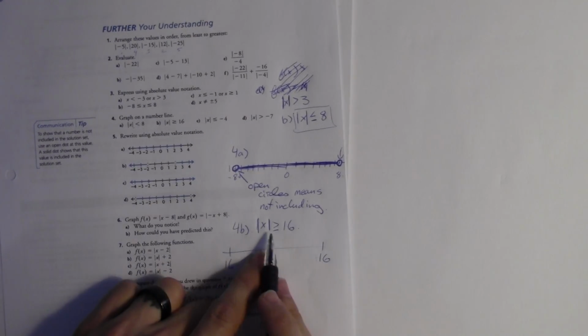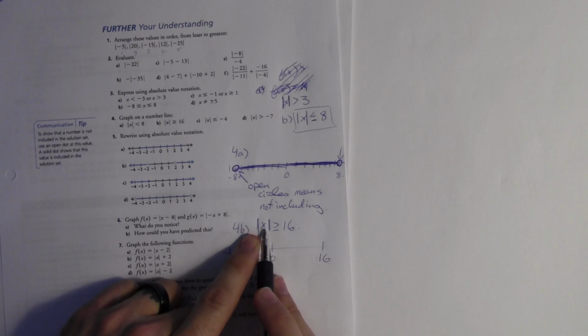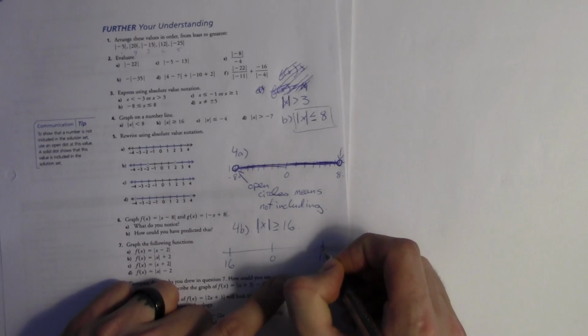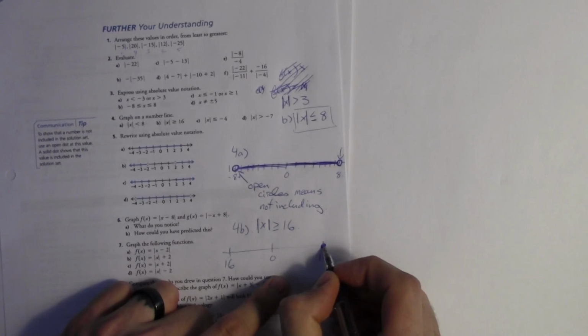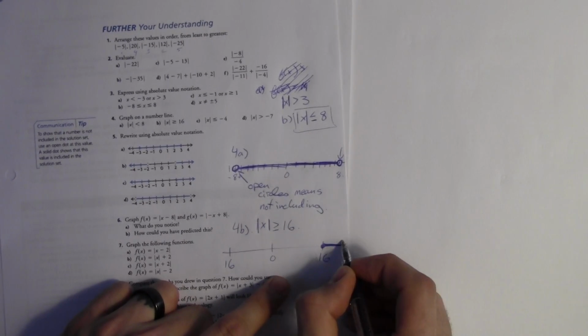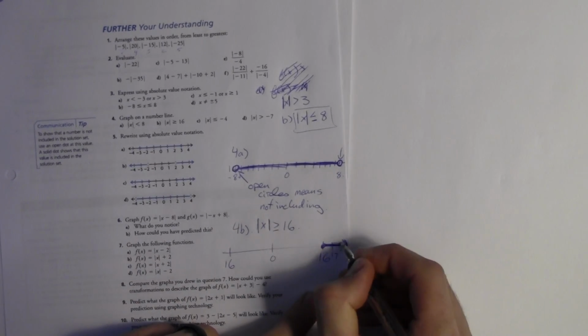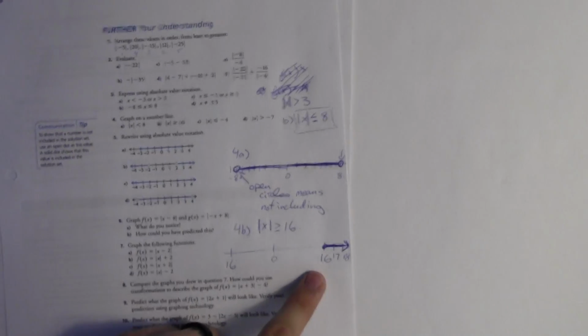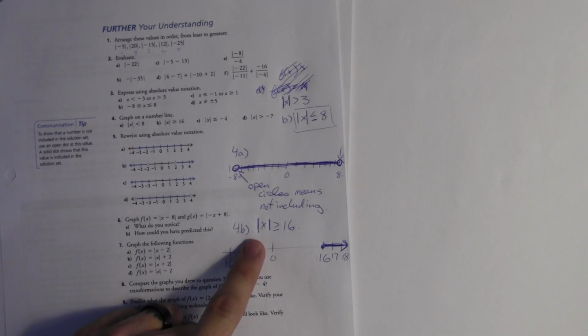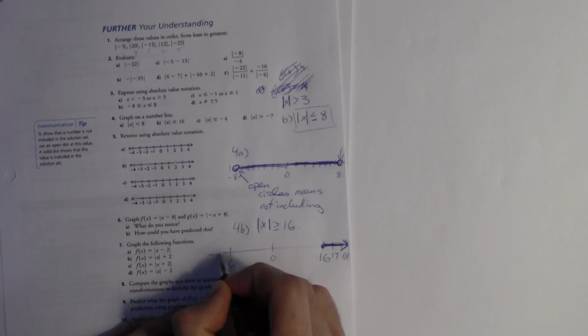The positive side is easy because values that are greater than or equal to 16 are going to be 16 and up. Okay? So here's my number line. I'm including all numbers 16, 17, 18, and up. All those values will satisfy this equation. Agreed?